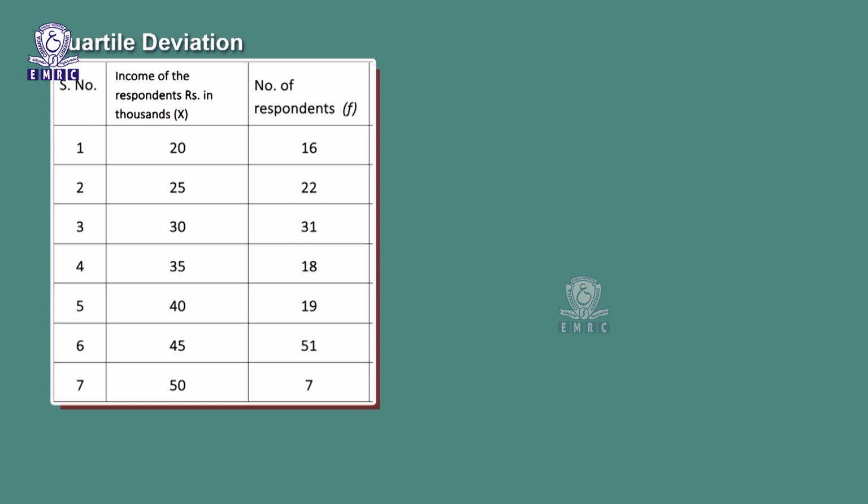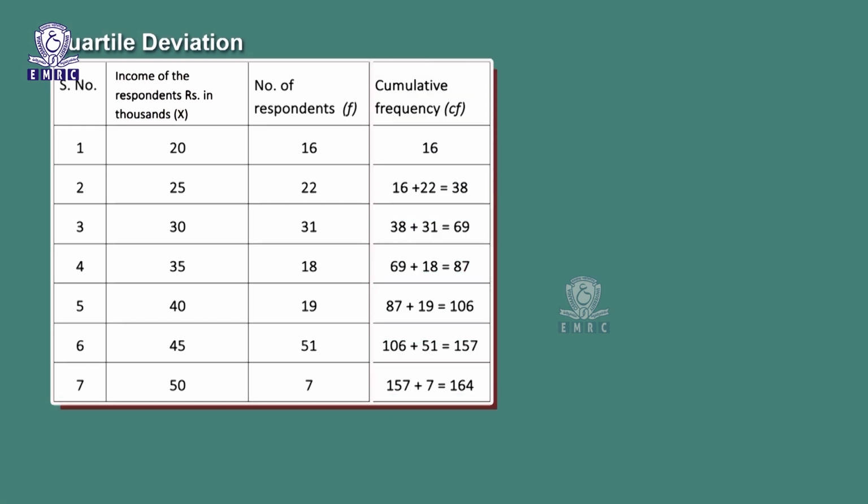In the first one it is 16, so we simply keep 16. In the second column, 16 plus 22, which is equal to 38. 38 plus 31 is equal to 69. 69 plus 18 is equal to 87. 87 plus 19 is equal to 106. 106 plus 51 is equal to 157, and 157 plus 7 is equal to 164. So, we have calculated the cumulative frequency.